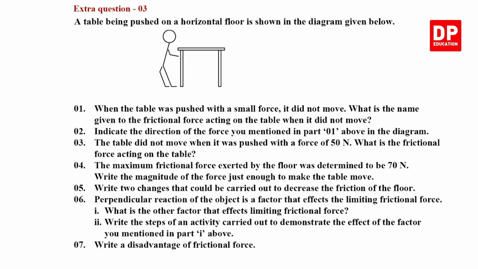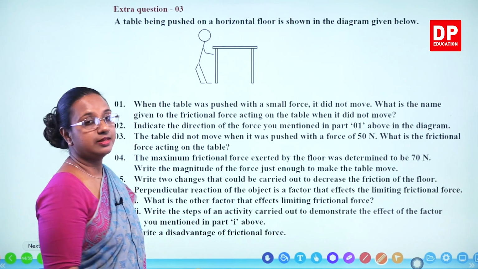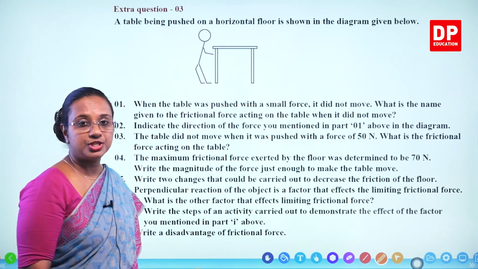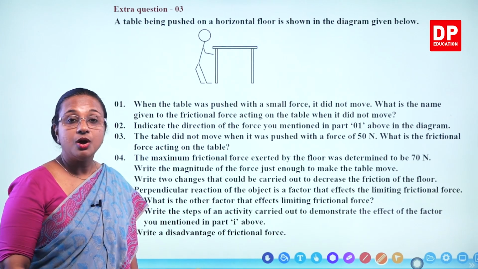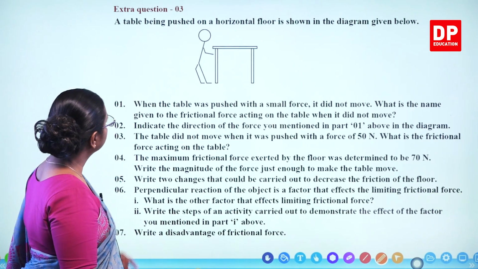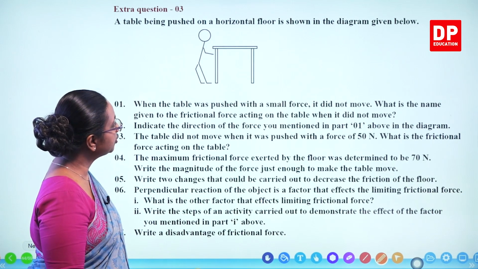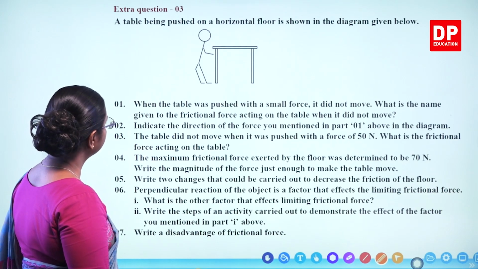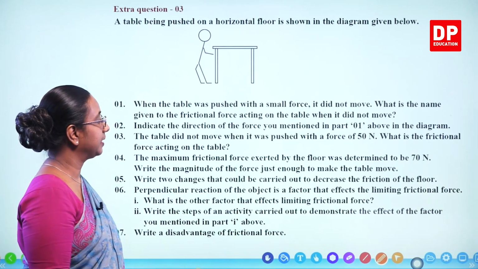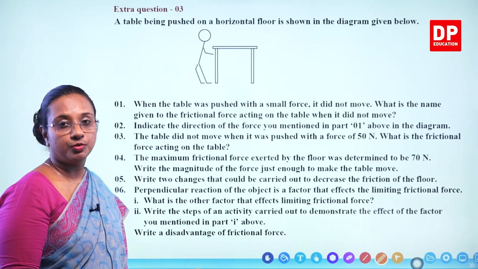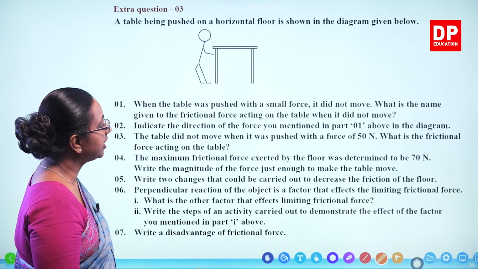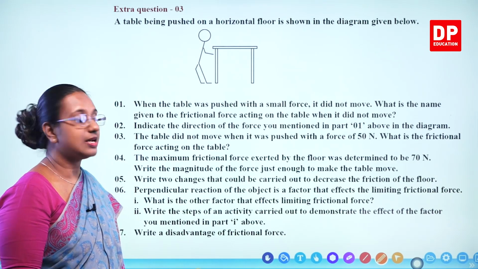Extra question 3. A table being pushed on a horizontal floor is shown in the diagram given below. So here you can see a person is trying to push the table that is kept on a horizontal floor. The questions are, when the table was pushed with a small force, it did not move. What is the name given to the frictional force acting on the table when it did not move? Indicate the direction of the force you mentioned in part 1 above in the diagram.